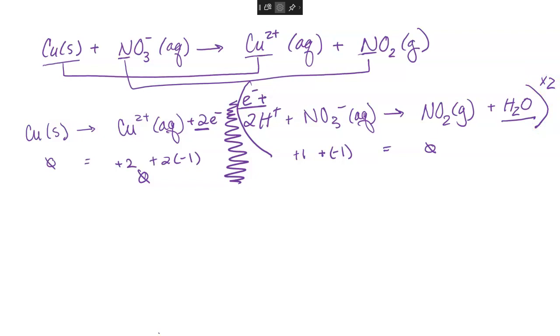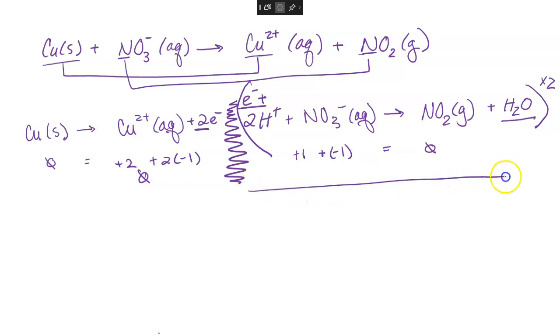Cool? I multiply the whole thing by 2 so I don't disrupt the balancing I had already done. So it still is balanced. But now I have the same number of electrons in my right-hand reaction as I do in my left-hand reaction, so that what is made is used up perfectly.